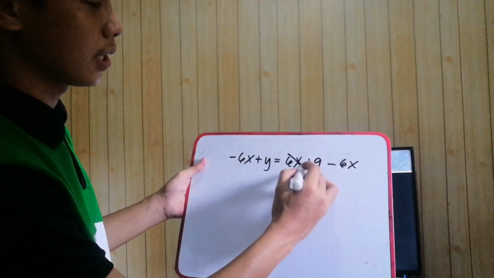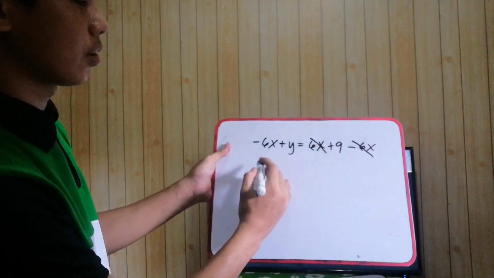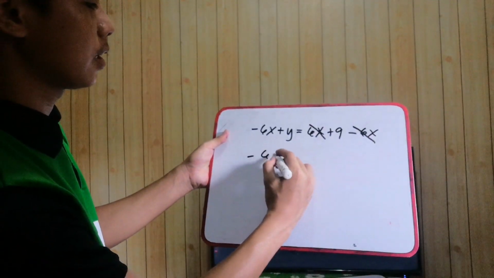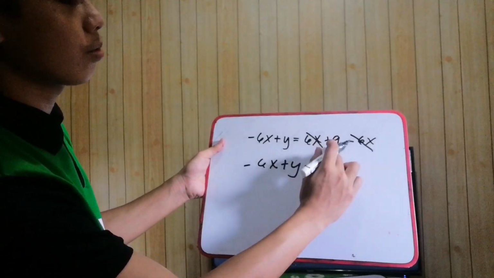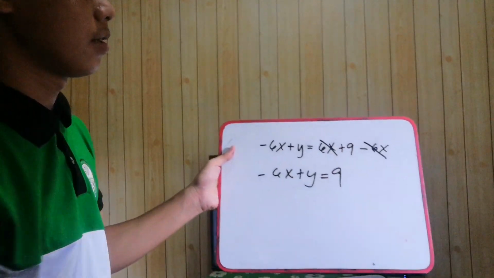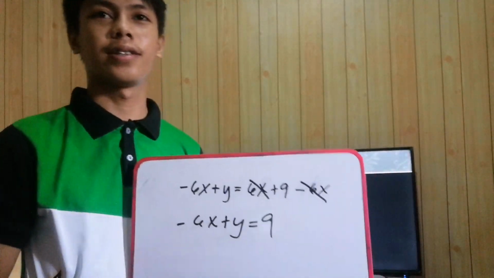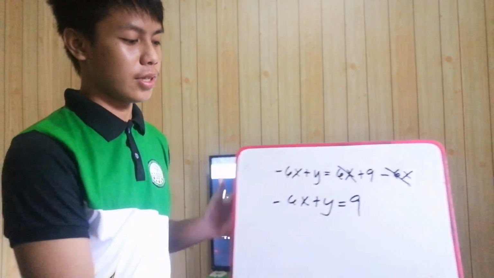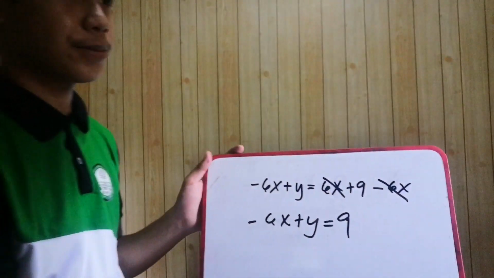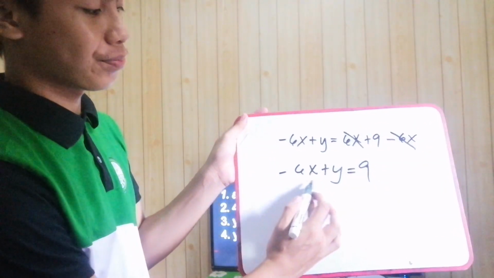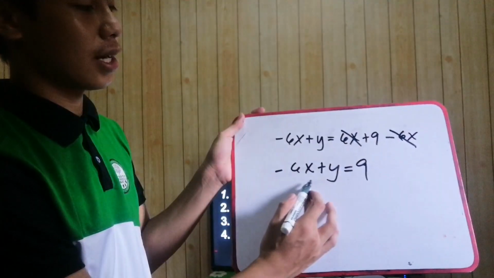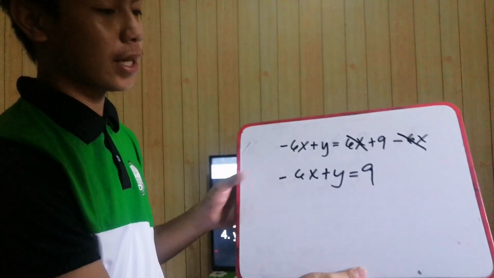Now, cancel 6x. So, matitira is 6x plus y equals to positive 9. So, ito na ba yung final answer? So, hindi pa. So, kailangan muna natin gawing positive itong x natin sa unahan natin kasi kailangan positive siya.